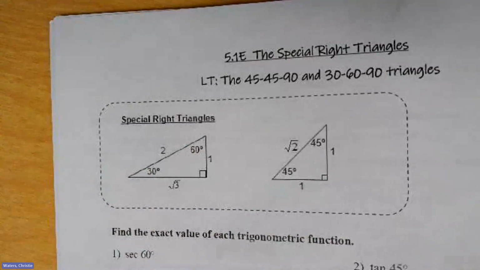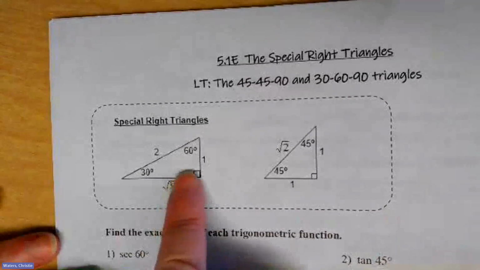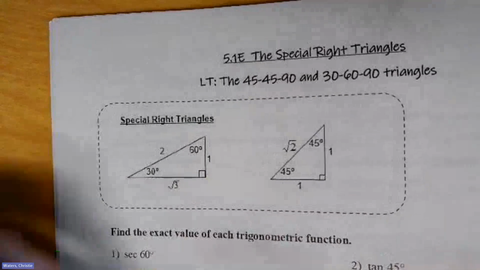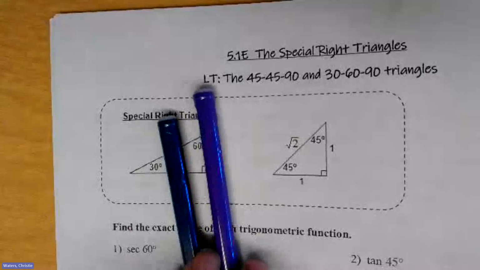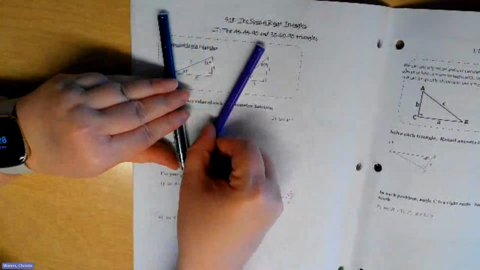Another interesting thing to point out is how you can tell which angle goes where and which number goes where. I'm going to use my pens to demonstrate. Let me zoom way out here. If I've got two rays and I want to make an angle out of them, I would start opening them up, right?